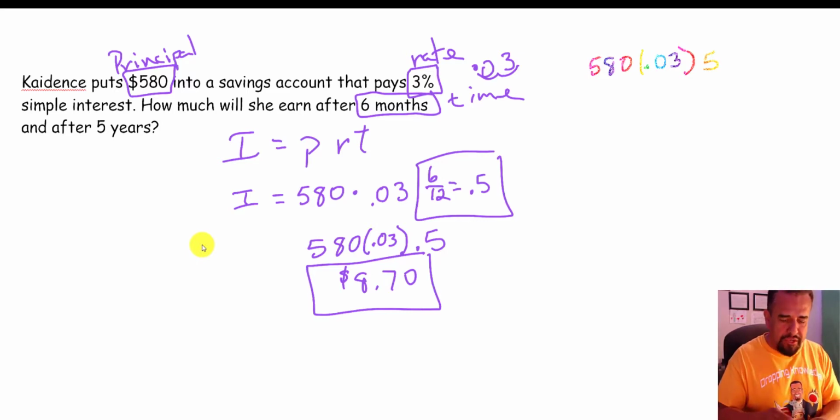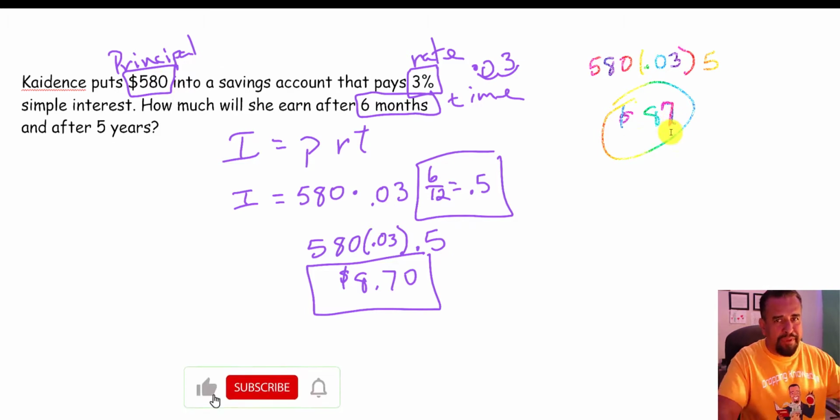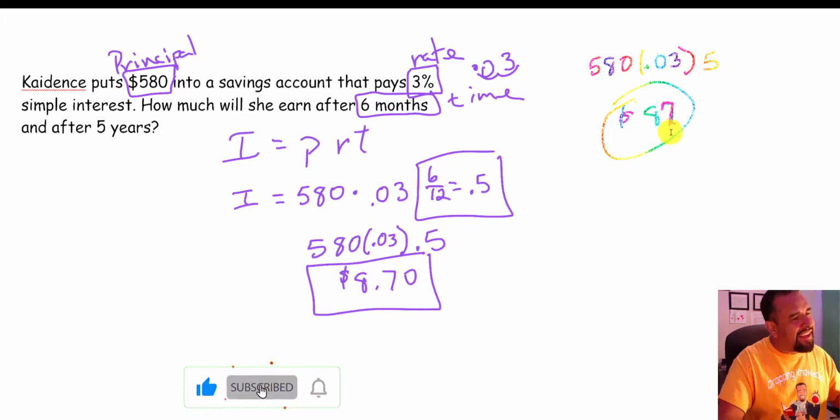So let's go ahead and do that. 580 times 0.03 times 5. And that will be $87. Okay? If she leaves that amount in her bank for 5 years, she will make $87 on her investment. $580 plus 87 would be her total. All right? It's that simple.